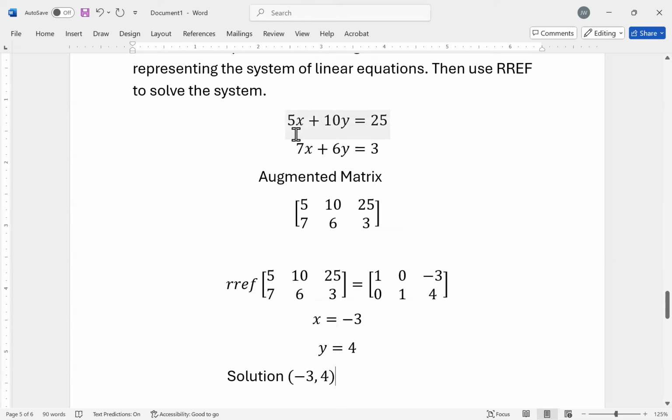And you can check that if you plug in -3 into x and 4 into y, then we get both of these equations giving a true statement. Again, you can check that on your own if you'd like, but it does work.